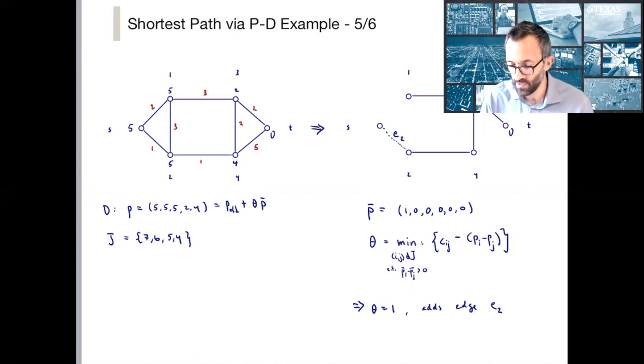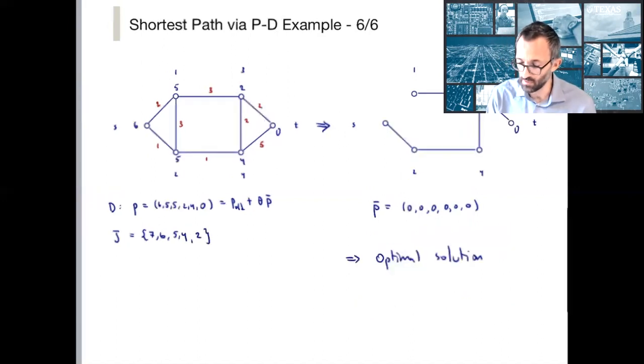And in the last step, I add E2, and once I add E2, I have to choose P bar equal to all zeros, because from any node, you can reach node T using only edges in J. And therefore that 0 is propagated back.